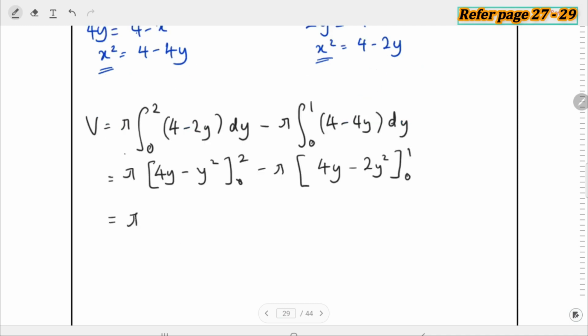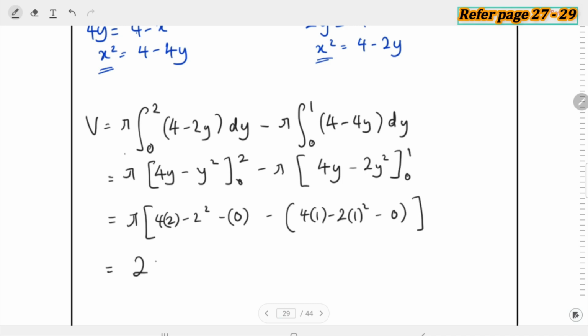So we substitute: pi times (2 minus 2 squared minus 0), and the other one, pi times (1 minus 2 times 1 squared minus 0). So the answer is 2 pi units cubed.